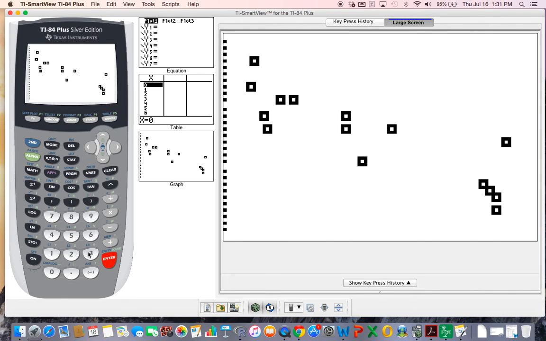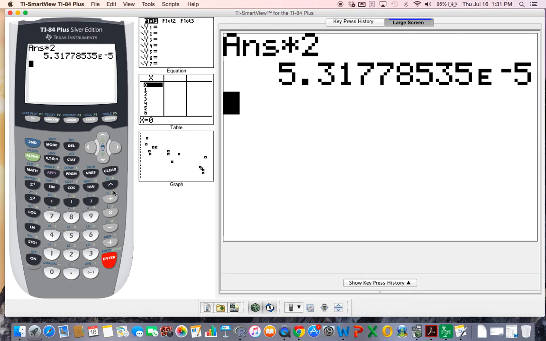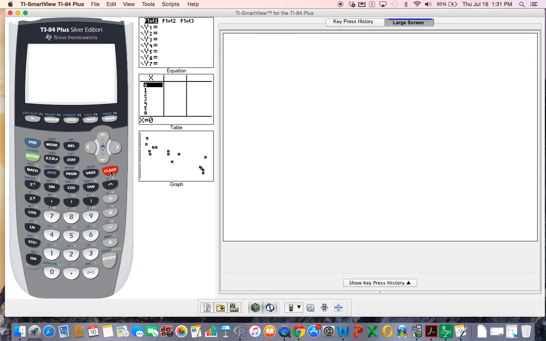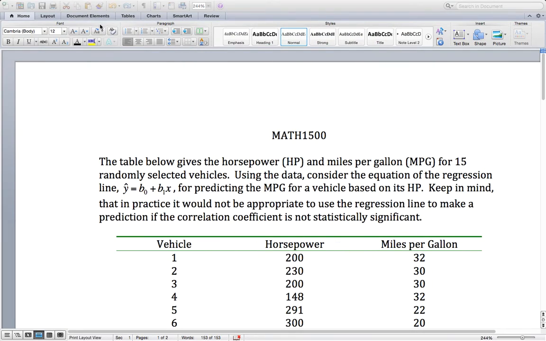I try to put 300 in, it won't let me because I don't have anything in Y1. Okay, so the line of best fit, the straight line, the regression model, hasn't been drawn, so I can't make a prediction.